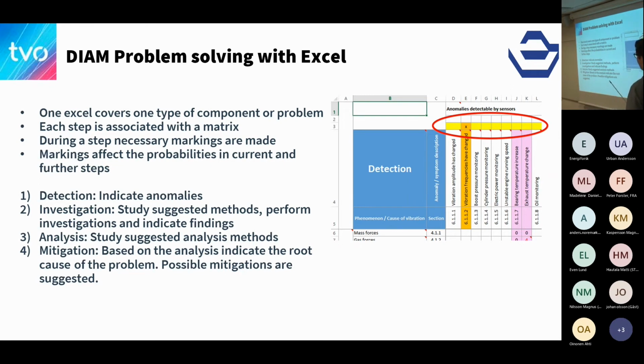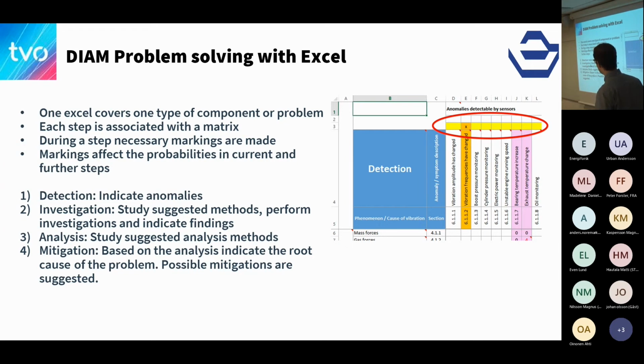Each step essentially boils down to indicating what the problem is, and it's done in the yellow row in the matrix by marking X into the spot you have detected. And these are the steps.